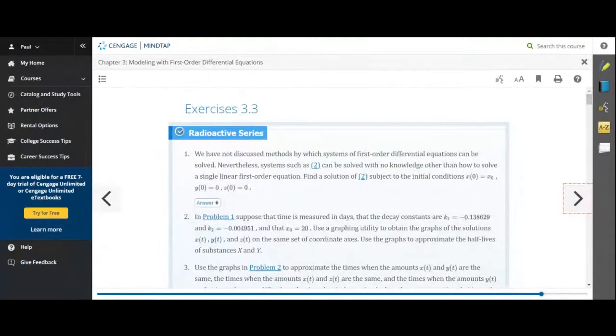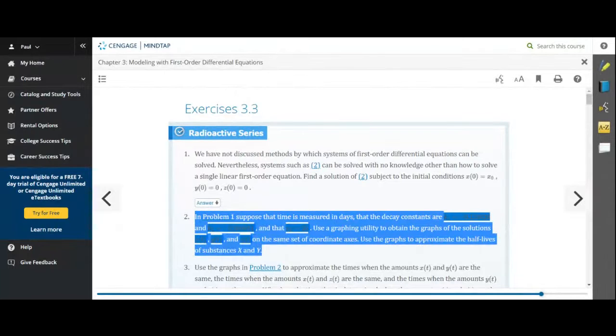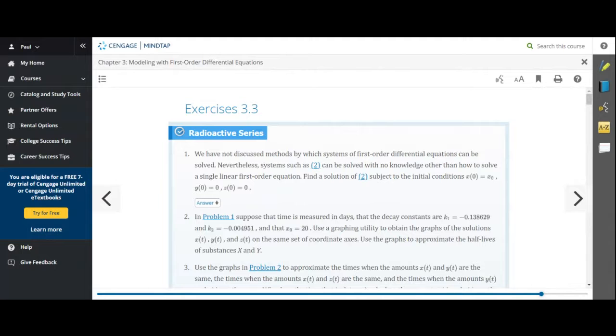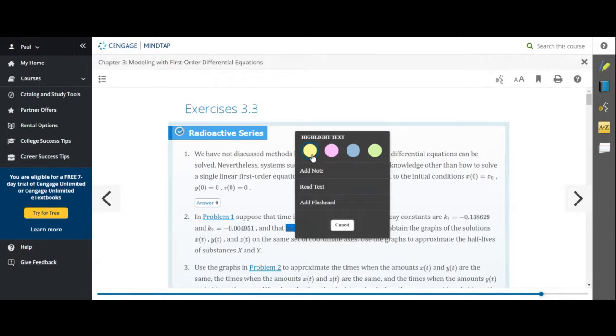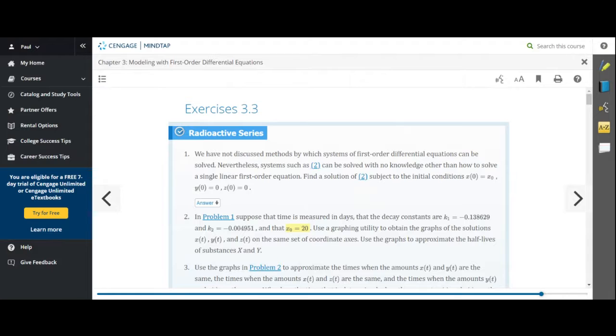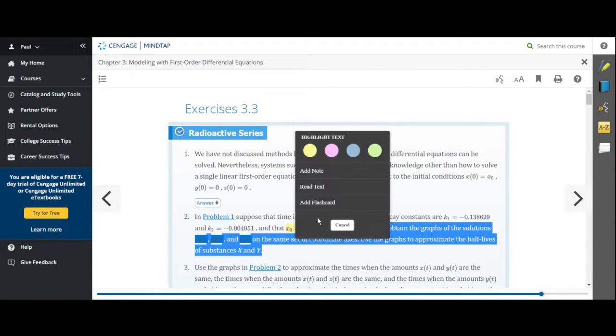Here we go. It's the second problem, and they give decay constants K1 and K2, and initially you have 20 grams of X. Use a graphing utility.